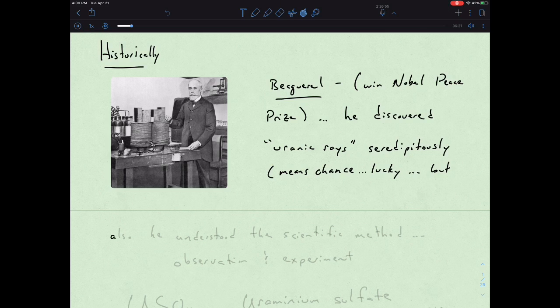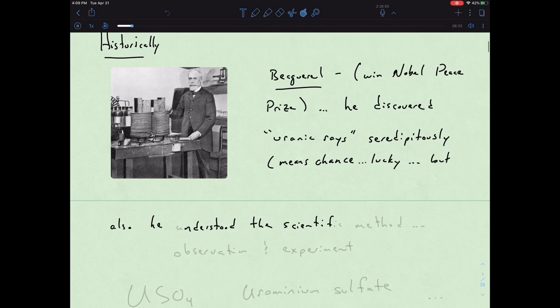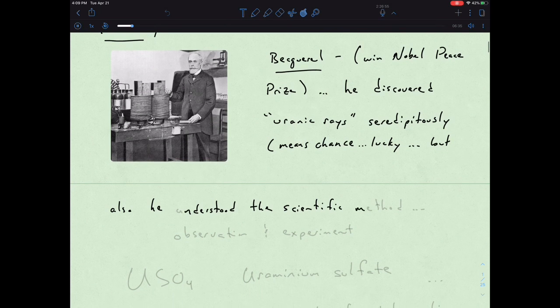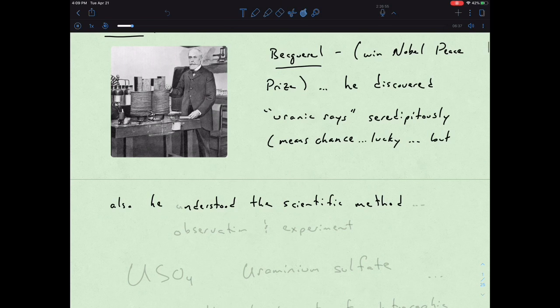But also, he understood the scientific method, with that notion of observation and experiment.